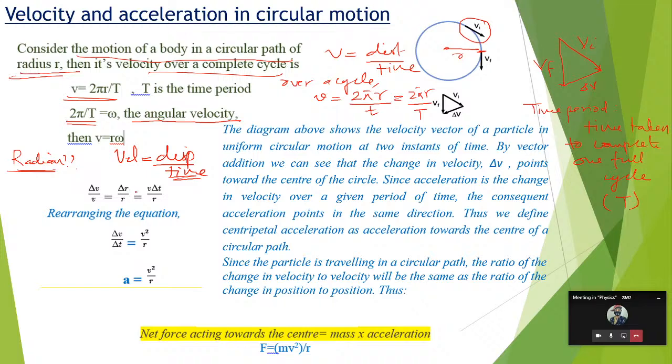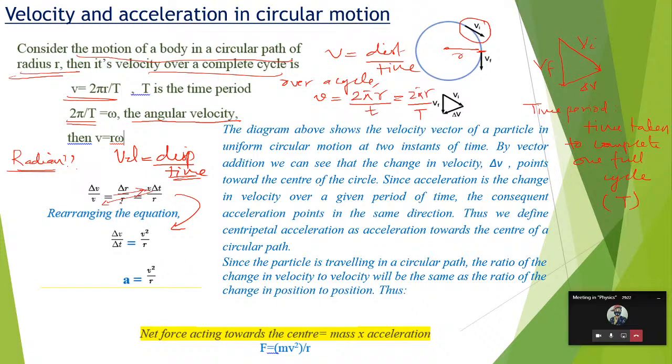And we know that displacement, delta r, equals velocity multiplied by time. When we rearrange this, we get delta v divided by delta t equals v square by r. So we bring it here, and this delta t we bring it here.